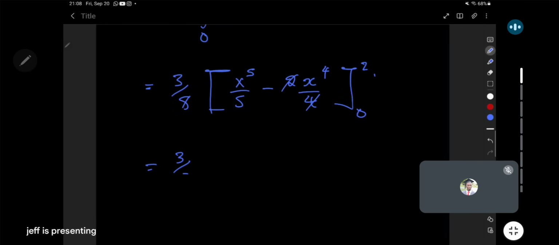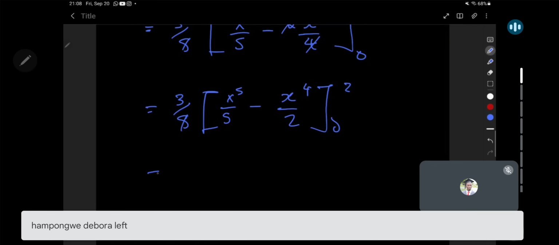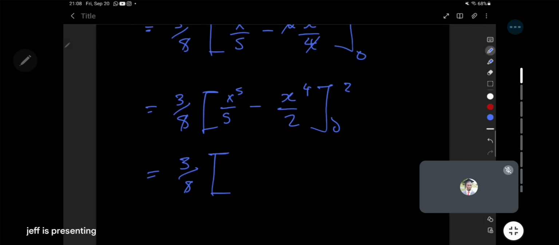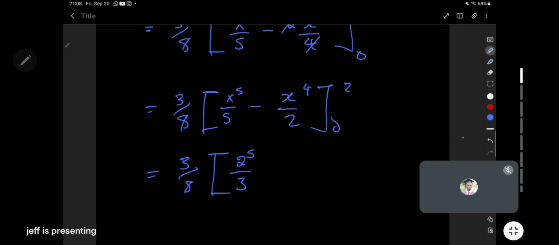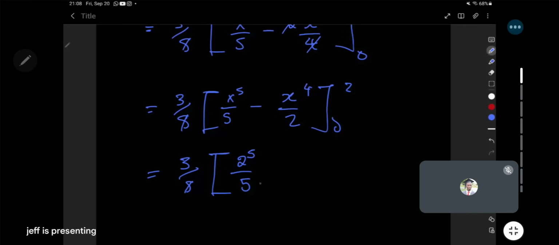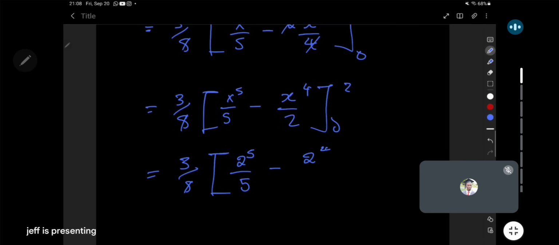So now 3 over 8, x to the power 5 over 5, x to the power 4 over 2 from 0 to 2. Now I can plug in the upper because when you put the lower, it will just be 0. So the upper, we're putting 2 there. 2 to the power 5 minus 2 to the power 4 over 2.